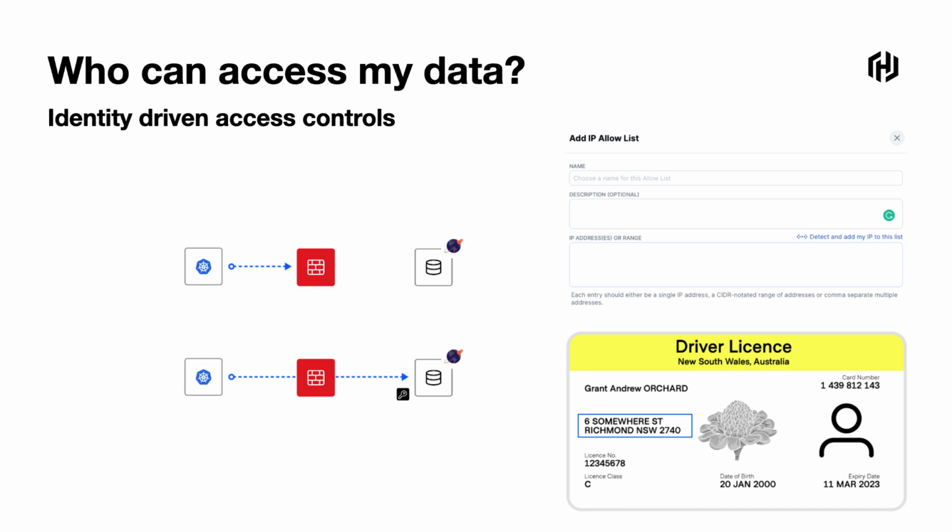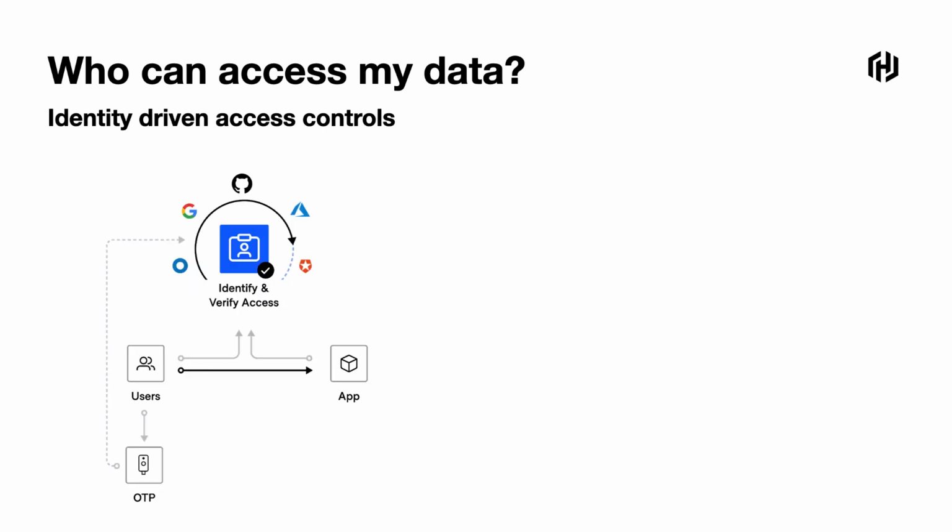So we need to ask how we augment this capability of IP allow lists with something that's actually identity driven. So I want to introduce you to how we tackle that problem more broadly across the industry.